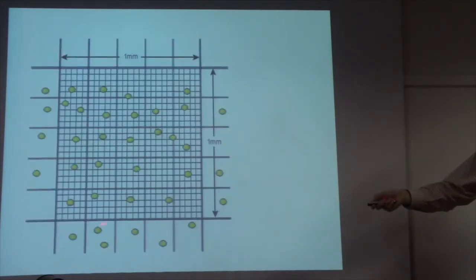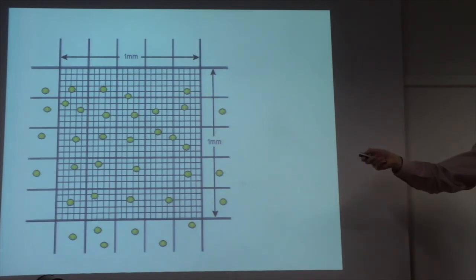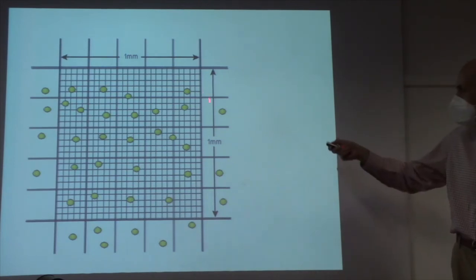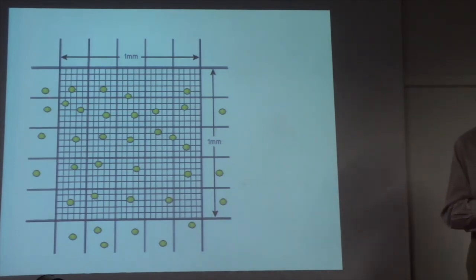The size of the square you are counting cells in is 1 square millimeter. What's the volume of the suspension in this area? 0.1 cubic millimeter. Yes, correct.